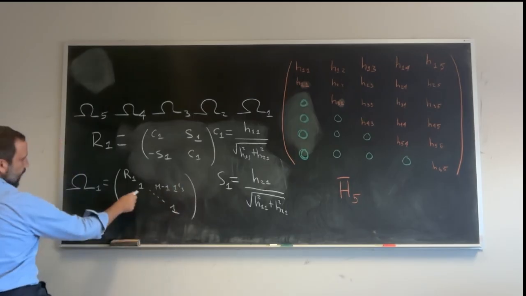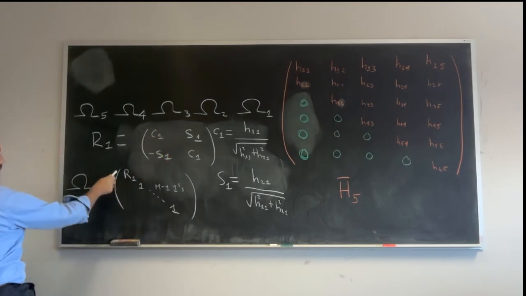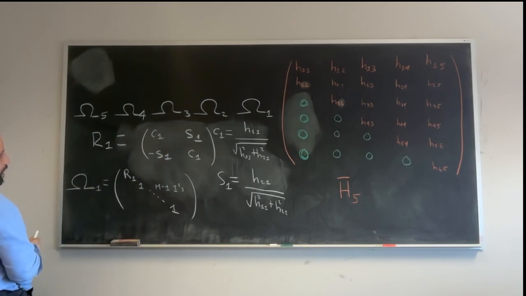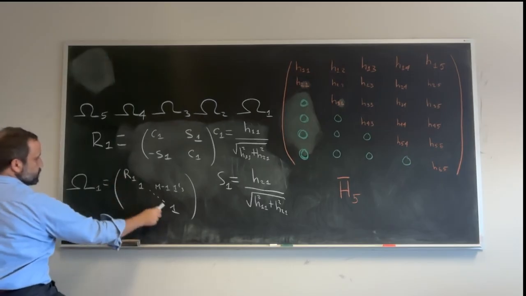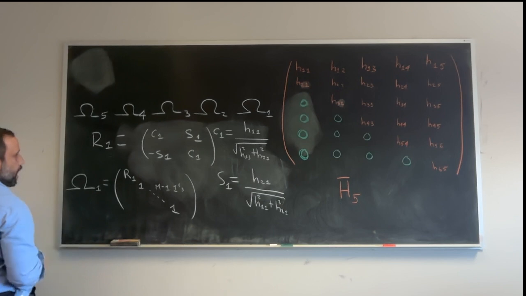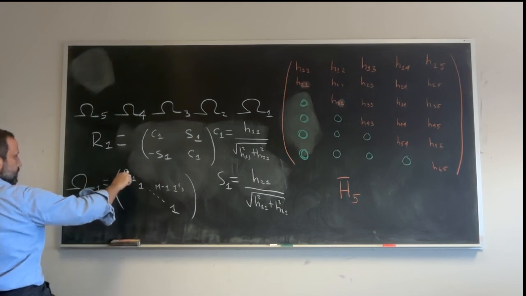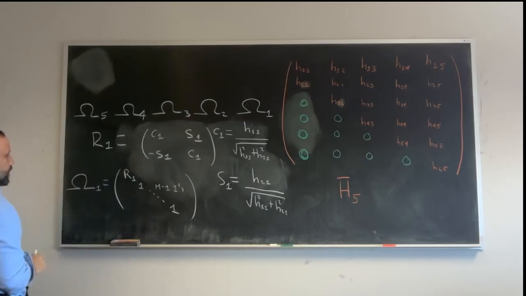So overall, if R1 were the identity matrix, this whole thing would be the m plus 1 by m plus 1 identity matrix. But instead, it's R1 with the 1s here. So this block is an m minus 1 by m minus 1 identity matrix, and then the top 2 by 2 matrix is given by this formula here.